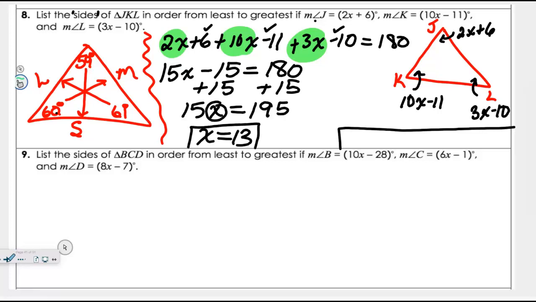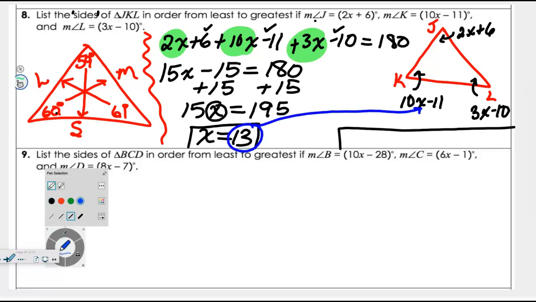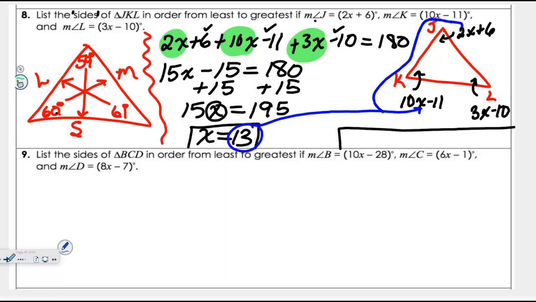Perfect. Once I have x, what am I going to ask 3 of you with calculators to do with that x? Plug it in. Haley, if you have a calculator, could you plug my 13 in right here? Let's have Natalie plug the 13 in right here, and then Brody, you could put the 13 in right there for me.